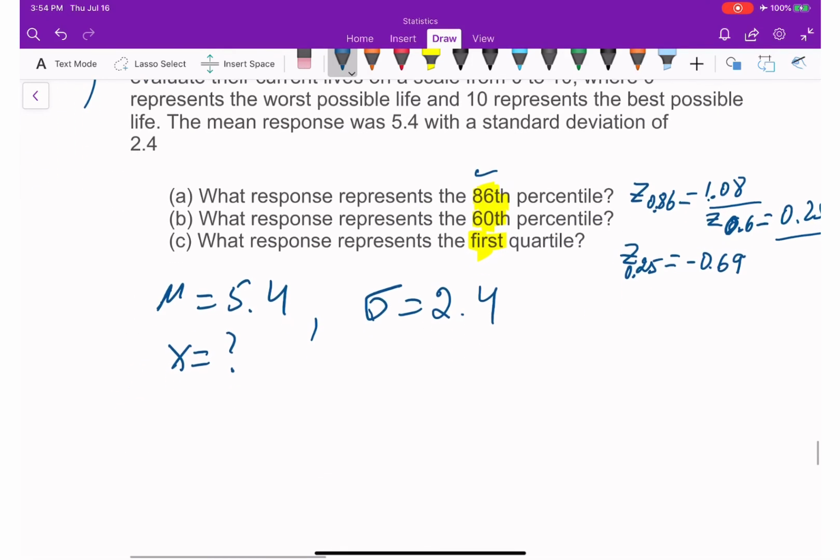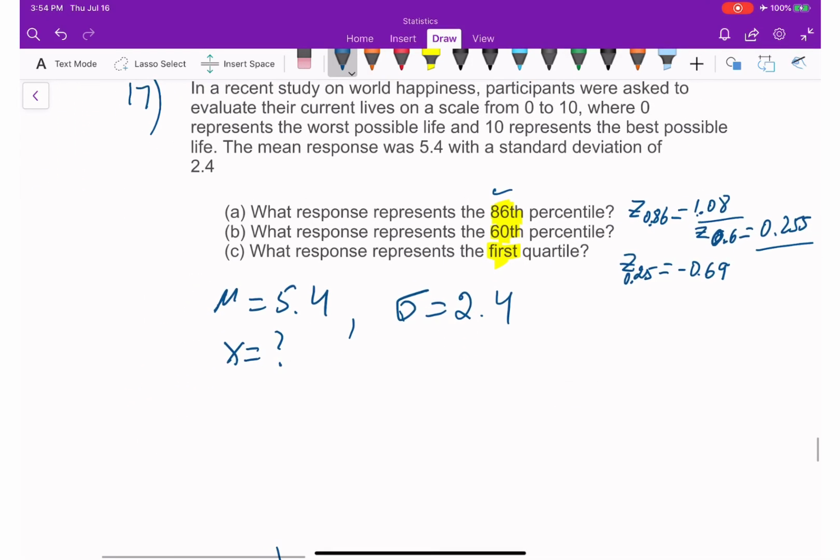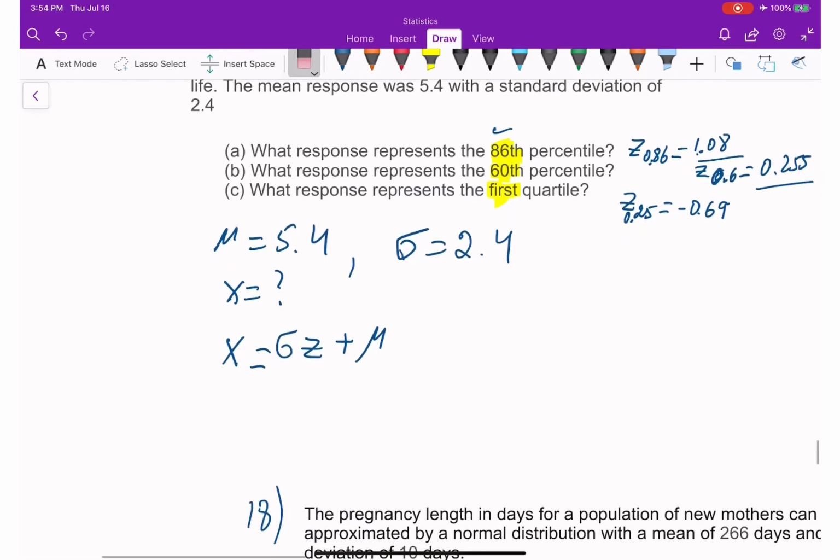Now, all we have to do is plug the z-score into the formula: x is equal to sigma times z-score plus mu. Let me clean up part A because I'll plug in this formula, and now I will solve one after another.